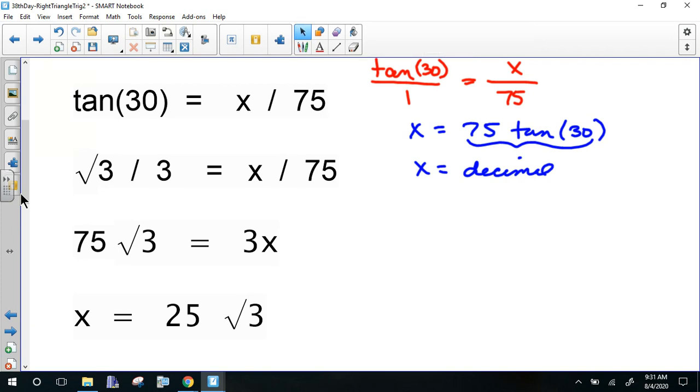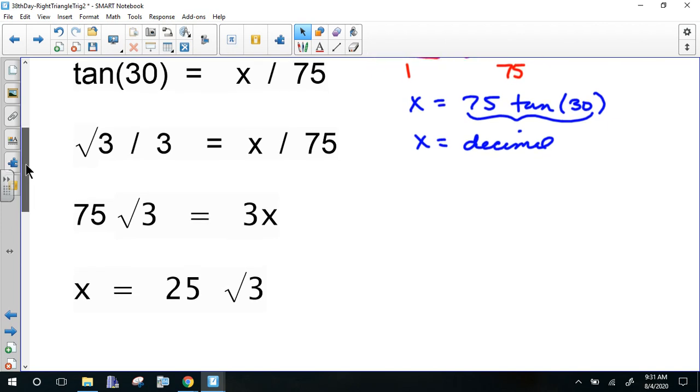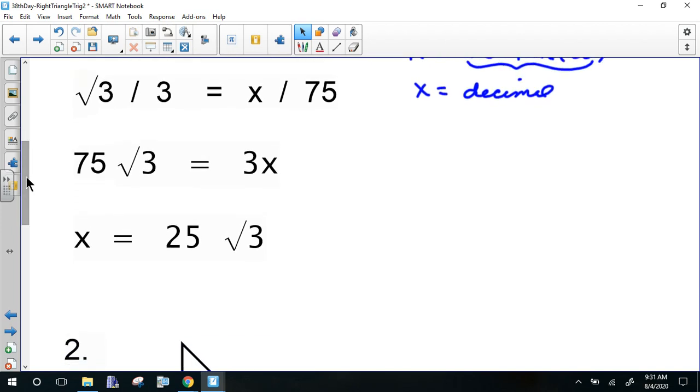If you work it the other way, you're going to get an exact answer, which is 25 root 3. So please be aware that some multiple choice tests may have you wanting to find the exact answer, which is 25 root 3. Some may be decimals, which you can plug into the calculator.